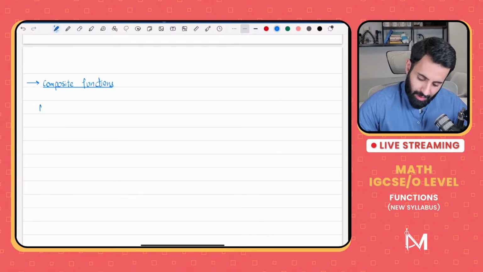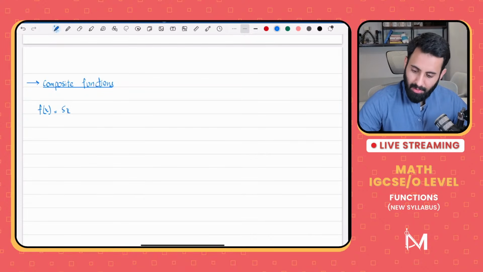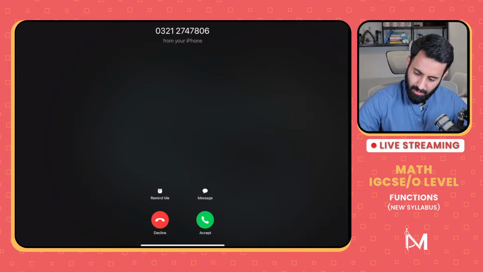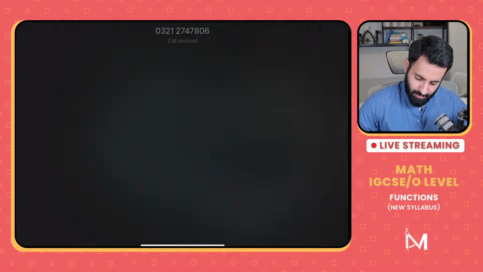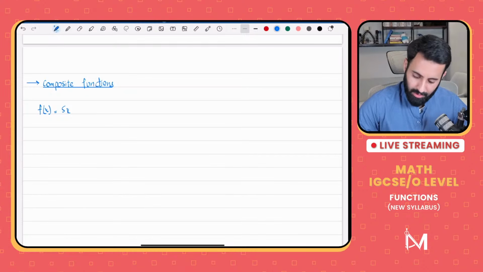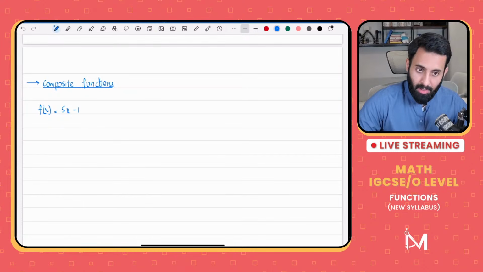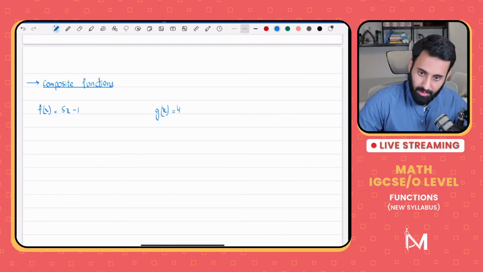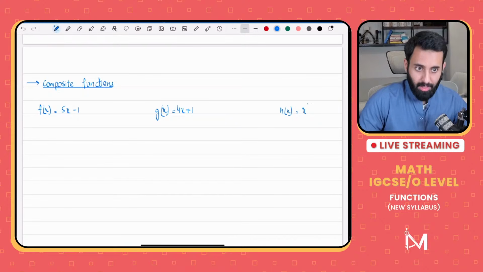So let's say that we have f of x equal to 5x minus 1, and then we have g of x equal to 4x plus 1, and then we have h of x equal to x squared.